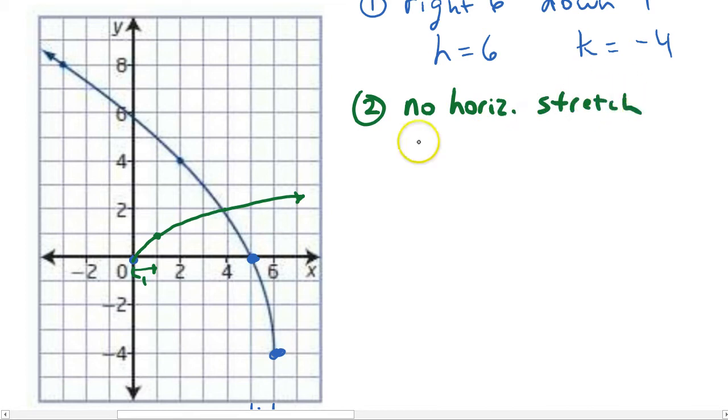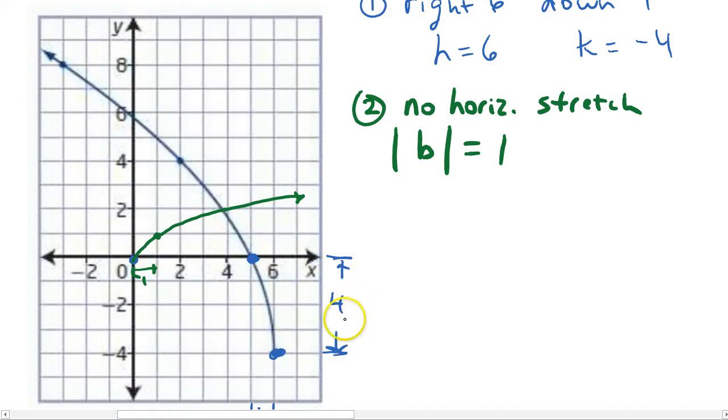So I know that b, now it seems to me there is going to be a reflection, so I'm going to be very careful. I'm going to say the absolute value of b is equal to 1. I'm anticipating perhaps when I look at the reflection it may be negative 1, all right? But now let's look at it vertically. So vertically, this distance here, instead of being 1, is a distance between negative 4 and 0.